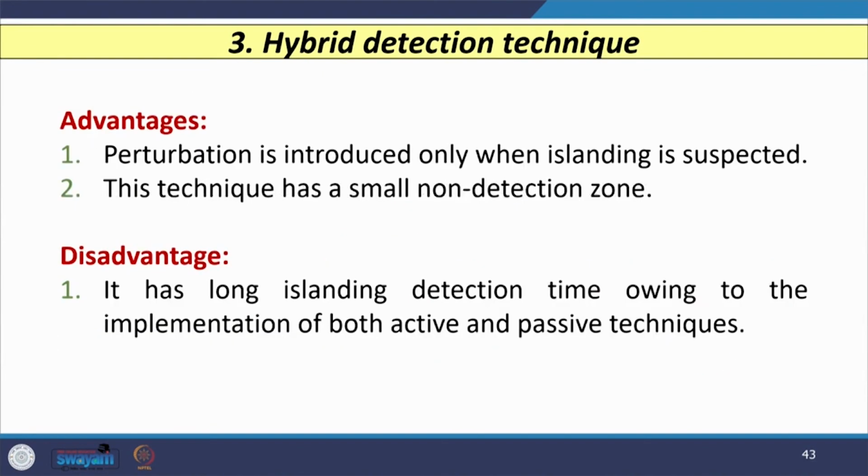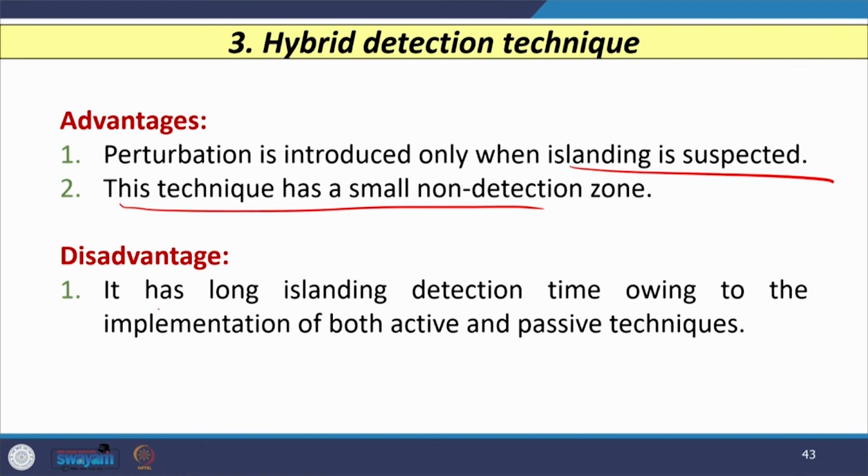The advantage of the hybrid islanding detection technique is that the perturbation is introduced only when islanding is suspected. Otherwise, when islanding is not there, perturbation is not introduced as in the active detection technique. This technique also has a small non-detection zone, which is an important advantage.